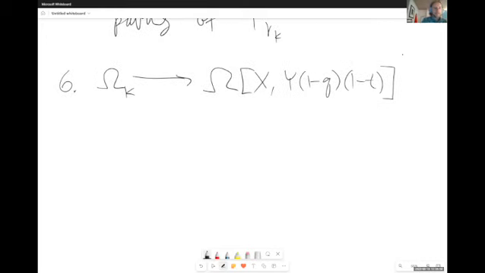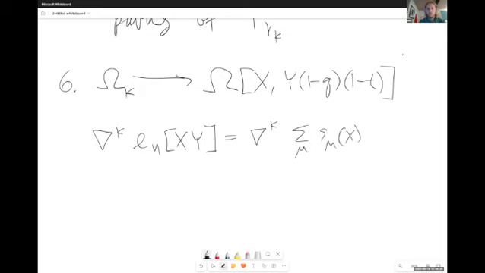And so in this case, I'm getting a formula for nabla k of just e_n of xy, which is the same thing as nabla k of the sum over mu of s_mu by the Cauchy product, then s_mu conjugate over y.